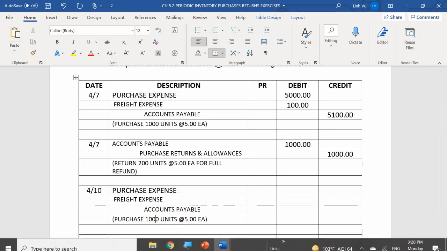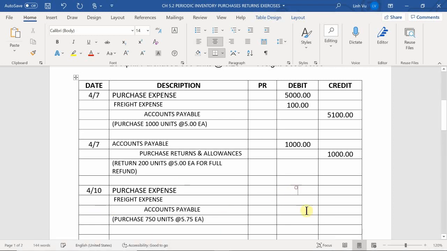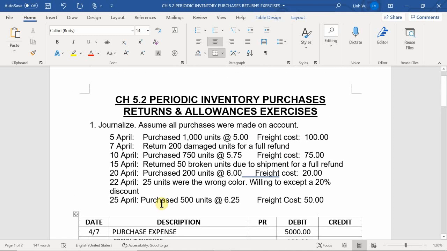But this time I'm purchasing 750 units at $5.75, with $75 freight. So how much is my total purchases here? 4,312.50, and my freight was $75. So how much do I owe? 4,387.50. Yep, good.